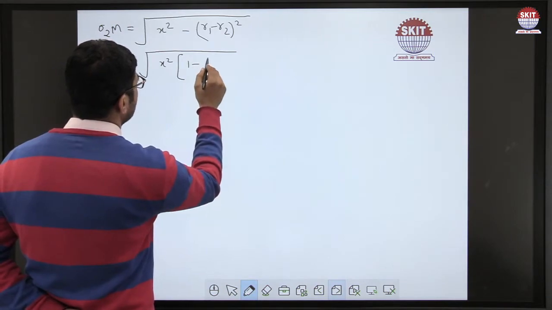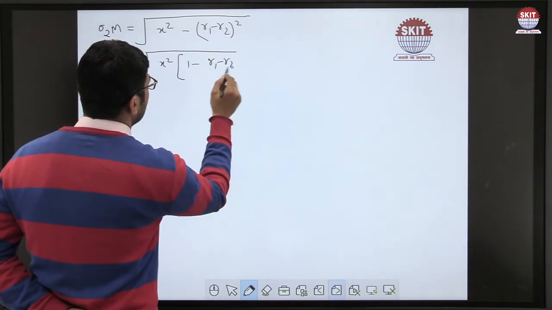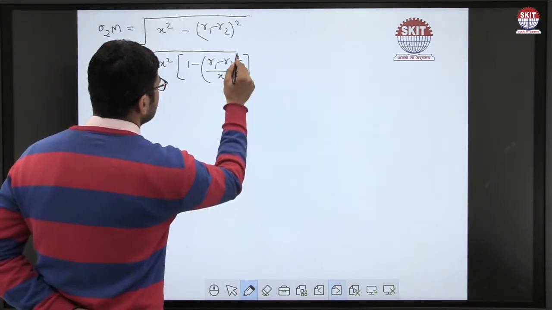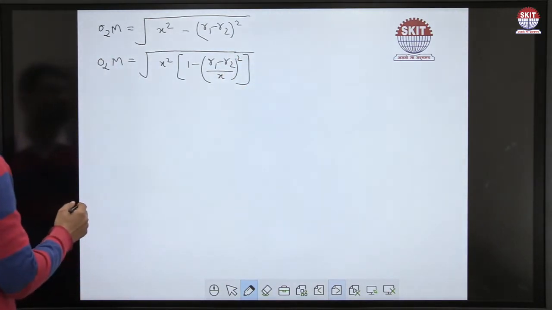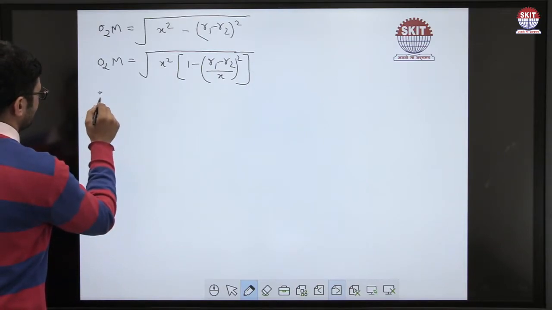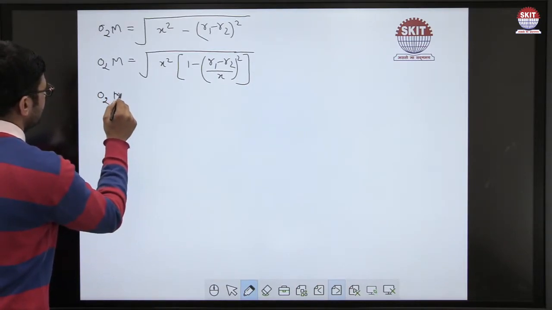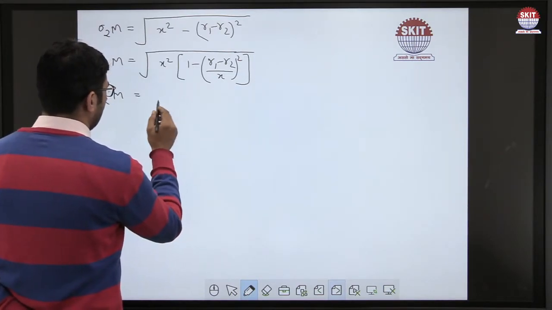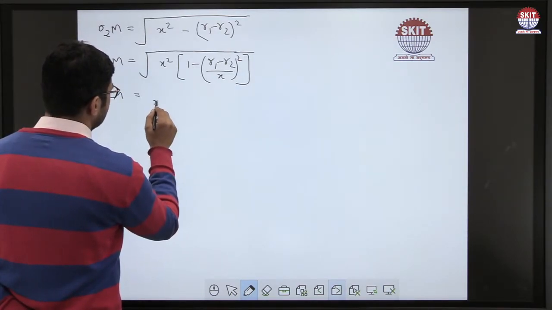Common x square, then R1 minus R2 upon x, whole square. We again simplify this equation and we find out this expression.